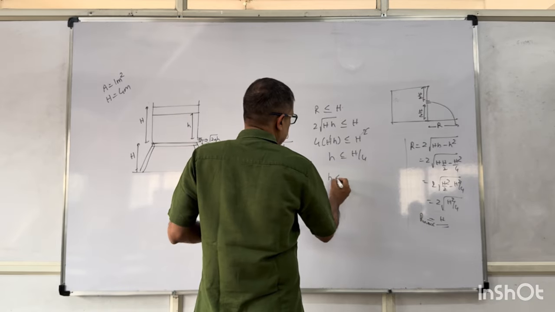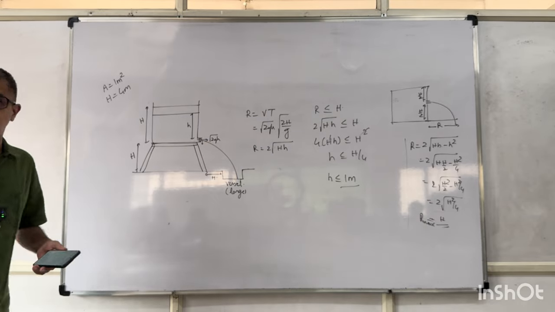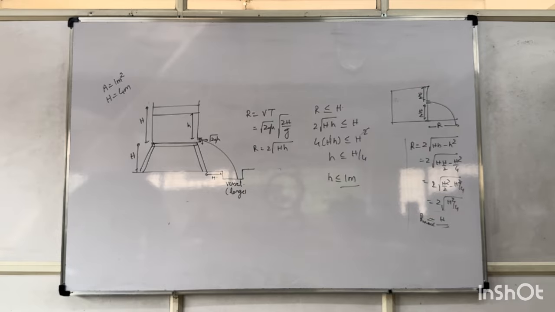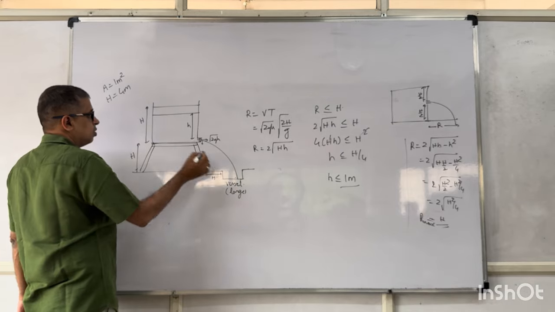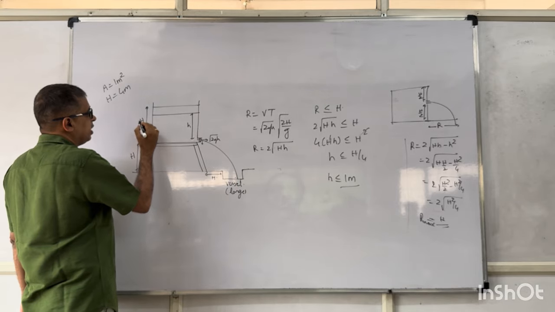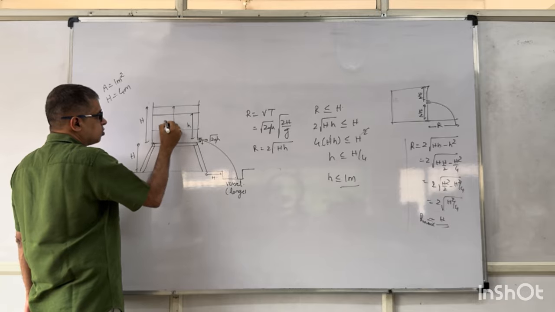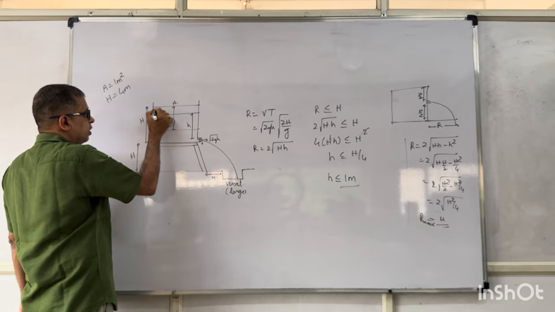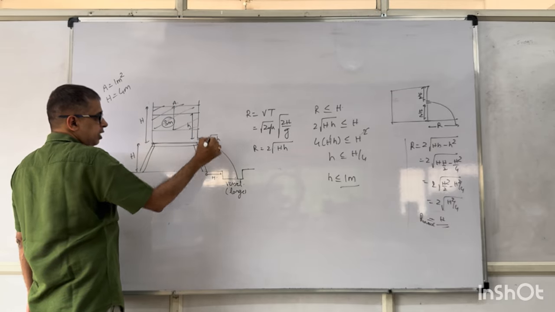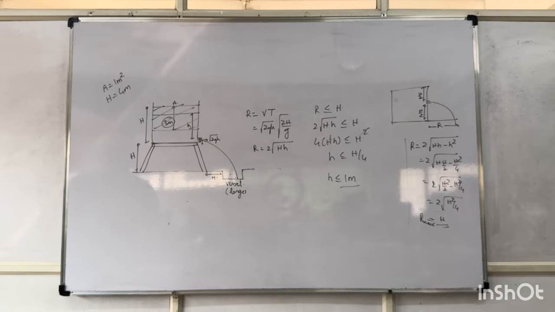So for h less than or equal to 1 meter, it will not collect into this. Till it comes to 1 meter, the water will be collecting in this. Total height is 4 meters, so till it comes to 1 meter means 3 meters of volume, into area. This volume will get accumulated into this. Agreed?